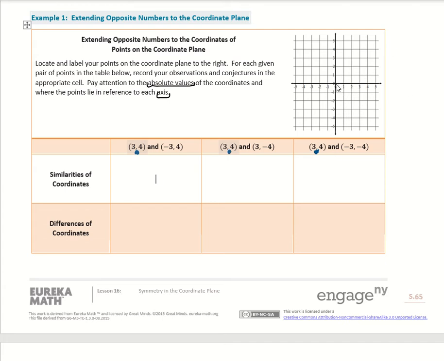So our point 3, 4 tells me I need to go to the right 3 and up 4. Remember that 3 is my x coordinate, and that 4 is my y coordinate. My first coordinate deals with my x-axis. My second coordinate deals with my y-axis.